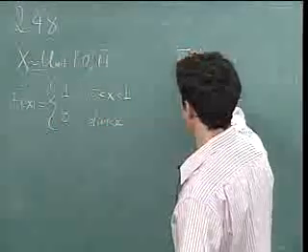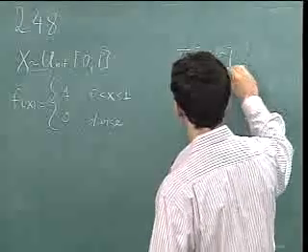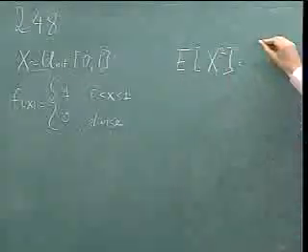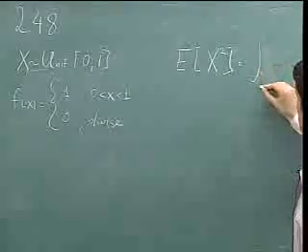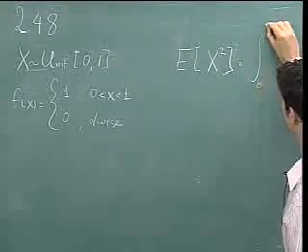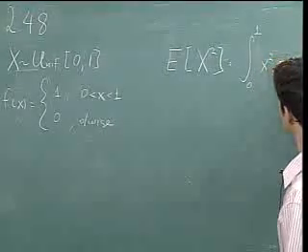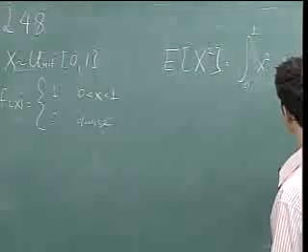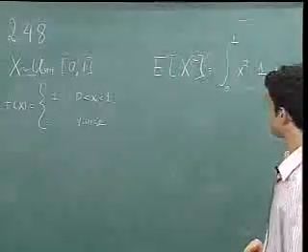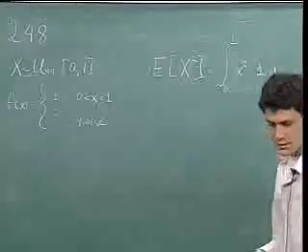And we want to calculate the expectation of x squared. So this becomes a very easy integral, right? Just from 0 to 1 of x squared times 1 dx. So, it's very easy.